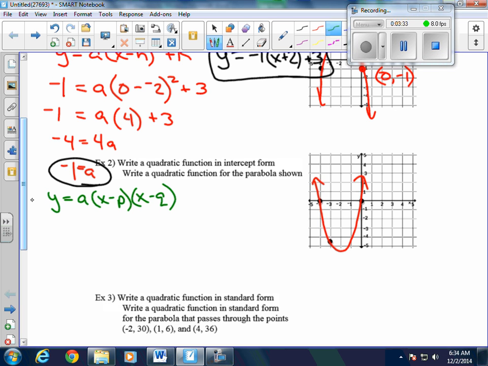And so we're going to take the intercepts here, and we know that the intercepts are -4 and 0. Then we also have to take one more point, and it doesn't matter where that point is.